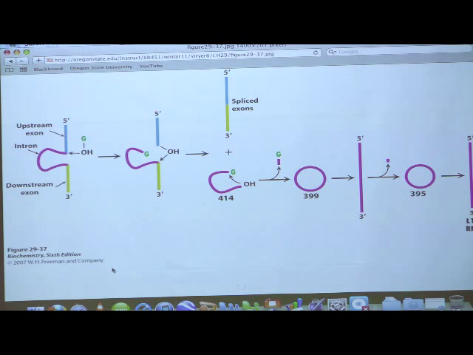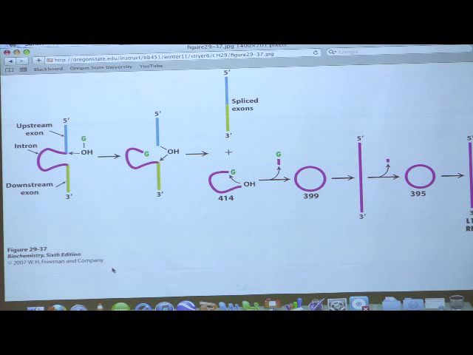He later won the Nobel Prize for this discovery, the first example that we know of a catalytic RNA. This RNA catalyzed a reaction on itself, and the reaction involved the removal of an intron and the joining of two exons together.